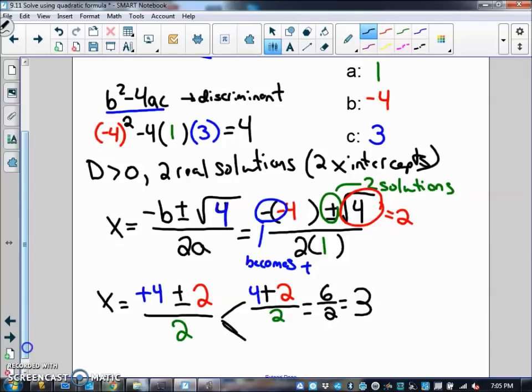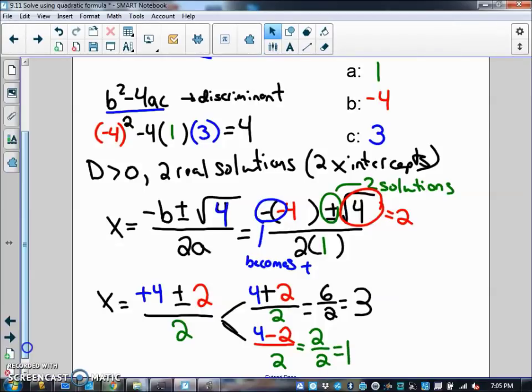My other solution will be 4 minus 2 all over 2. Which means I will get 2 over 2, which is equal to 1.